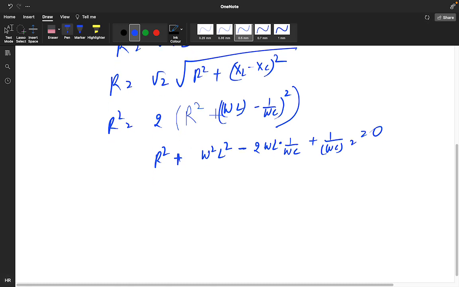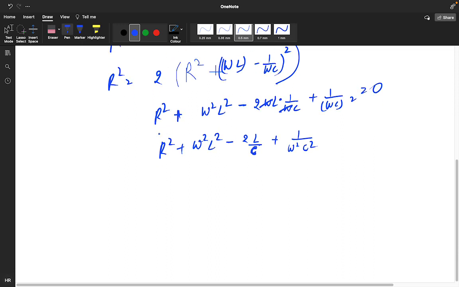Right, so this particular term will get cancelled out. R square plus omega square L square, this will be minus 2 L by C plus 1 upon omega square C square.